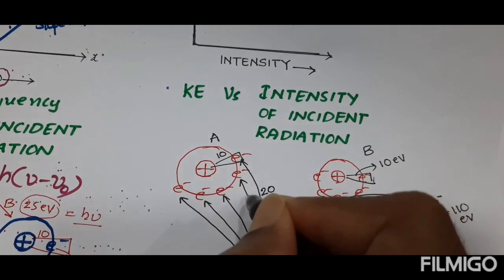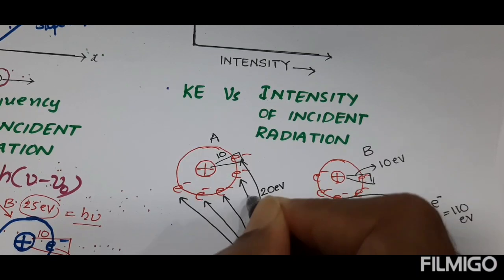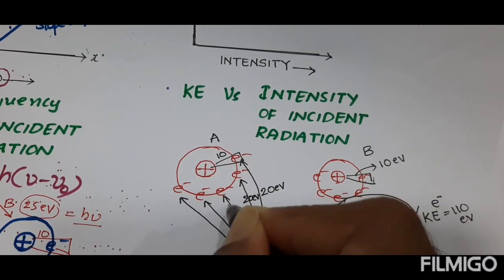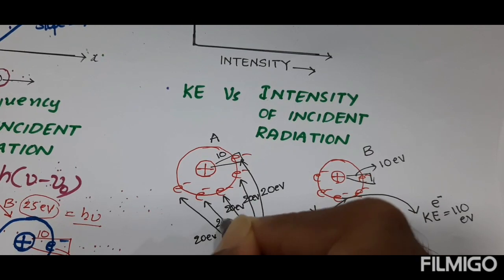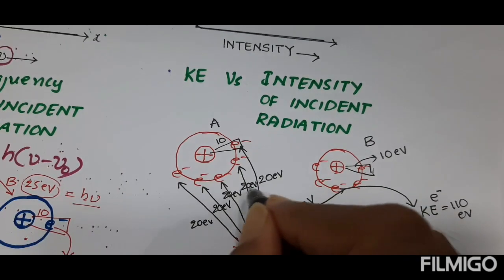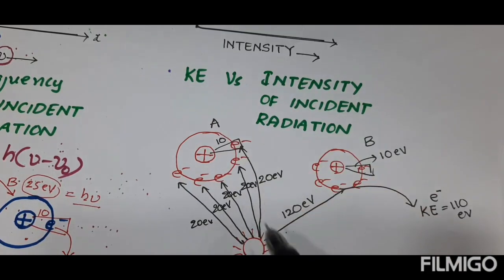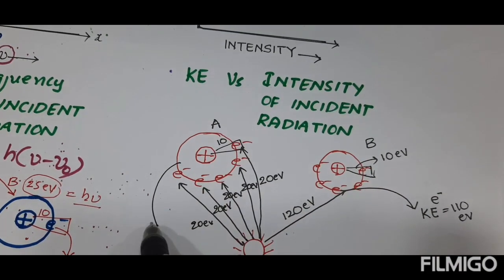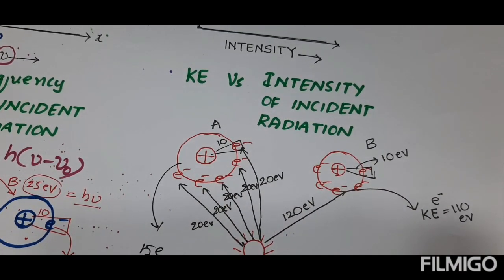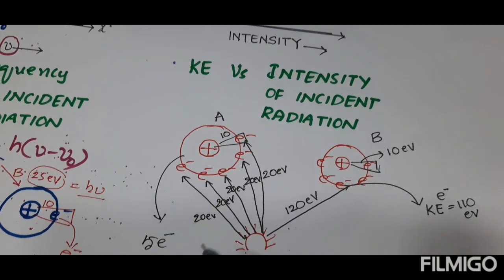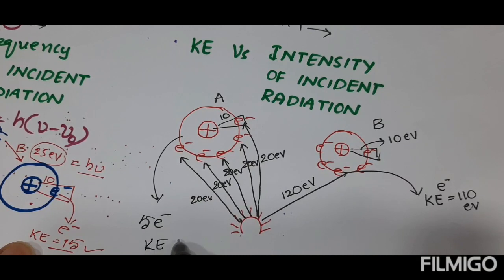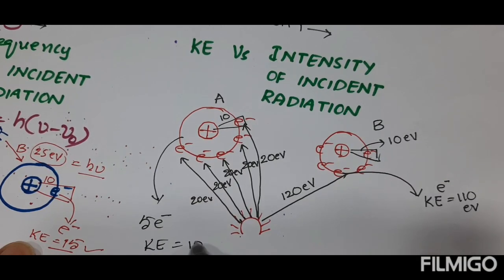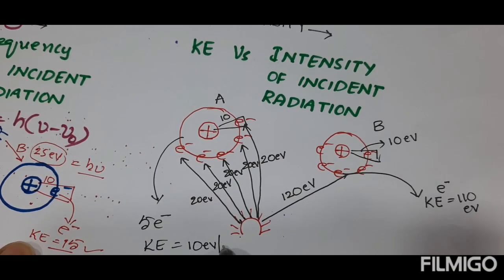Here 20 electron volts of radiation is falling, each with 20 electron volts. That means all the radiations have constant energies. Then what happens? 5 electrons will be ejected out. So the kinetic energy of every electron is 10 electron volts per electron.